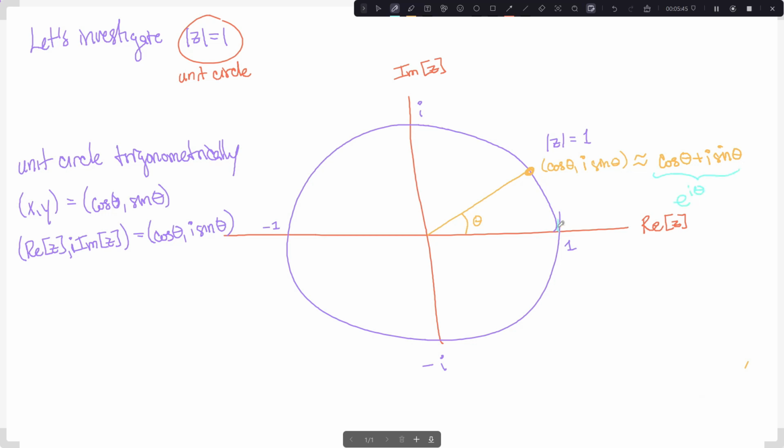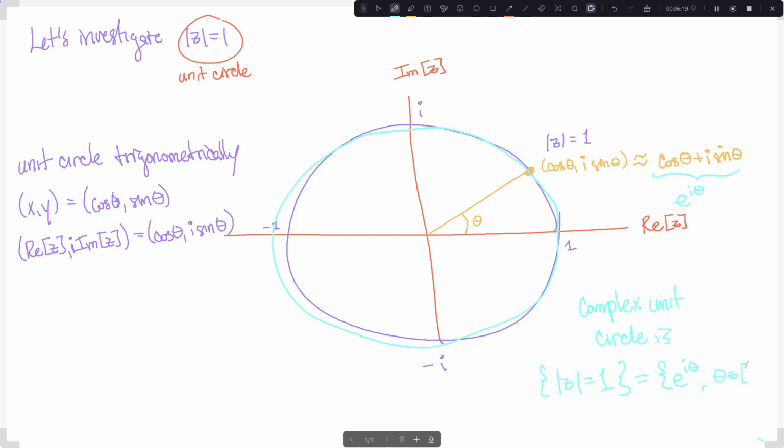So it turns out that the complex unit circle is exactly the points with magnitude of z equal to 1, the set, which is the same as e to the i theta. Now, of course, theta doesn't have to be everywhere.